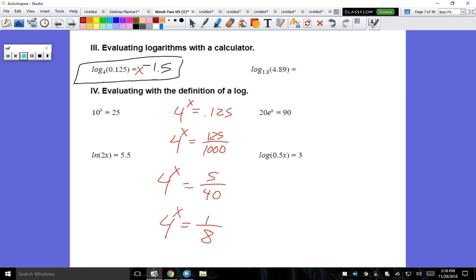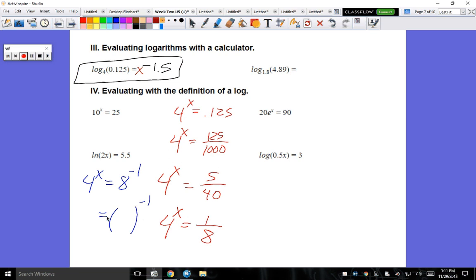This is good stuff right now. Okay, now what should I do to get my answer? Change the exponent, right? I'm going to change this to 4 to the x equals 8 to the negative 1. Keep going with me. Now what? Parentheses. I'm going to make 8 into what?